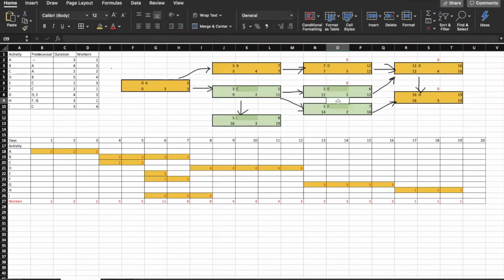For F, we have 16 minus 7, which gives us 9 days that we can move F around between starting on the 5th or starting on the 14th. Then looking at B, we only have 7 minus 7 for the early finish and late finish, which would give us just a 0 for the free float for B. For C, we have 11 and 5, which would give us a free float of 6.